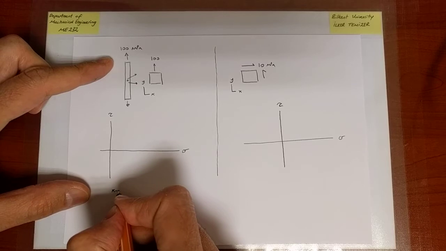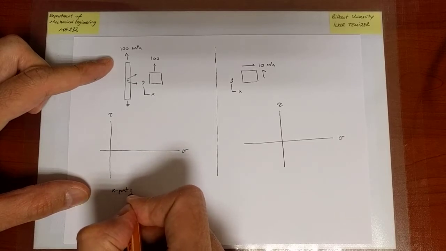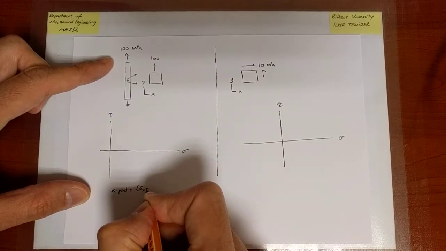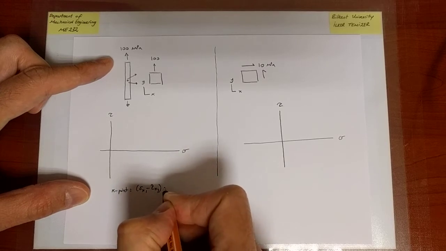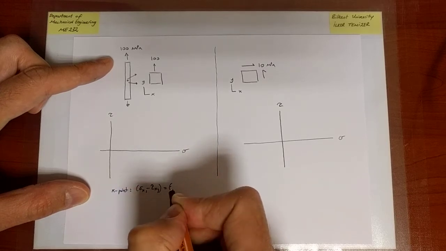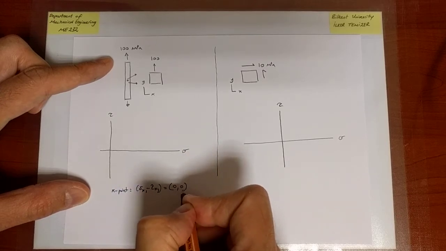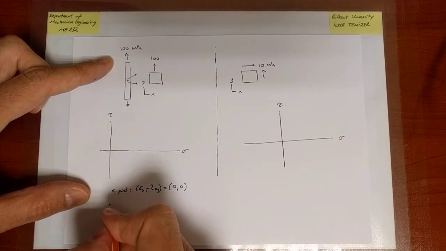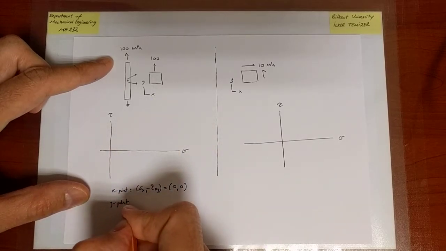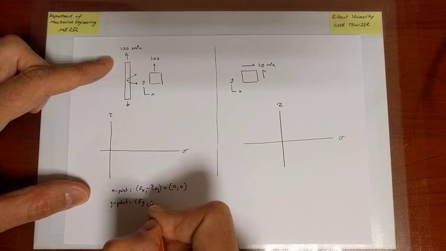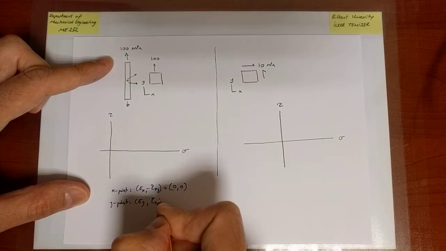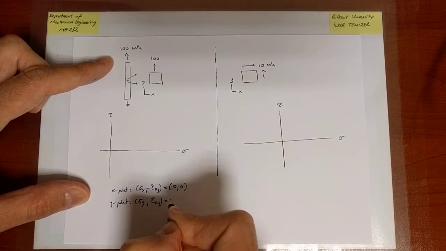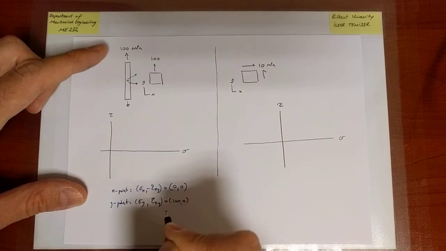The first point, the x point, remember, is the point sigma x, minus the value of tau xy. So presently that point is equal to 0, 0, because that's what I have here. And the y point is the point that's associated with sigma y, plus tau xy. I'm not going to write plus from now on, so that's equal to 100, 0.